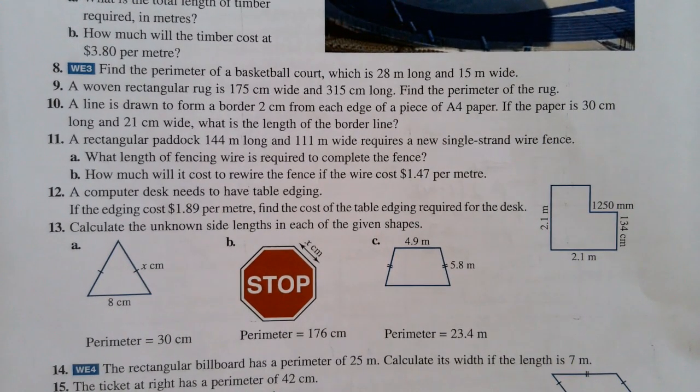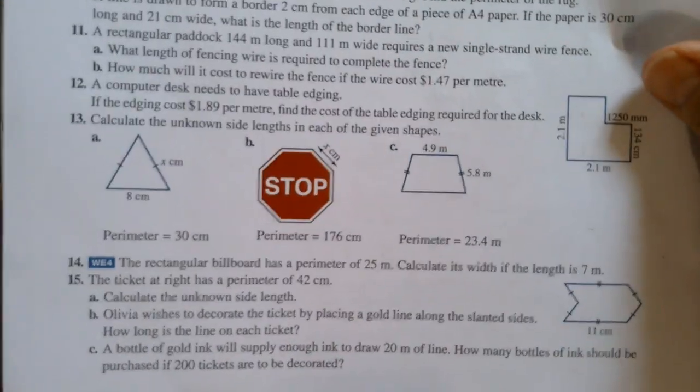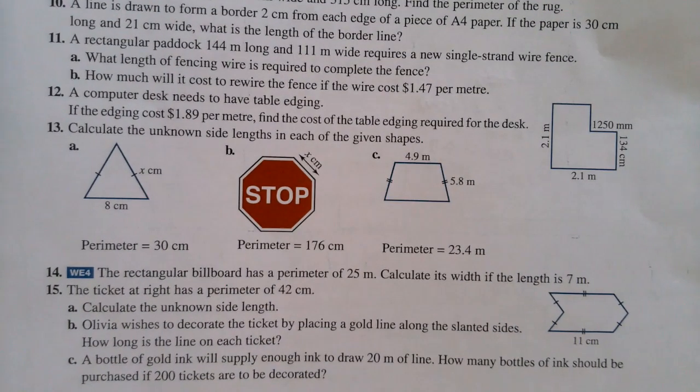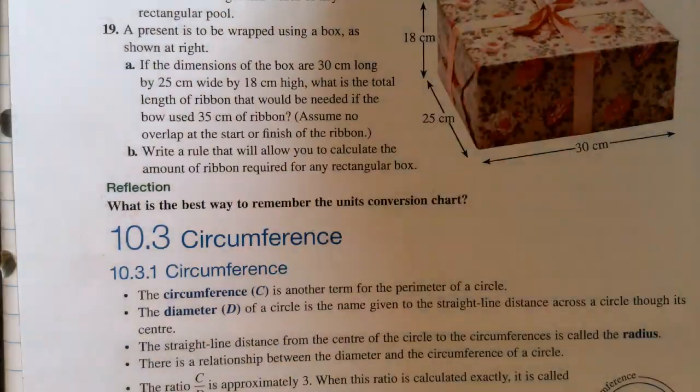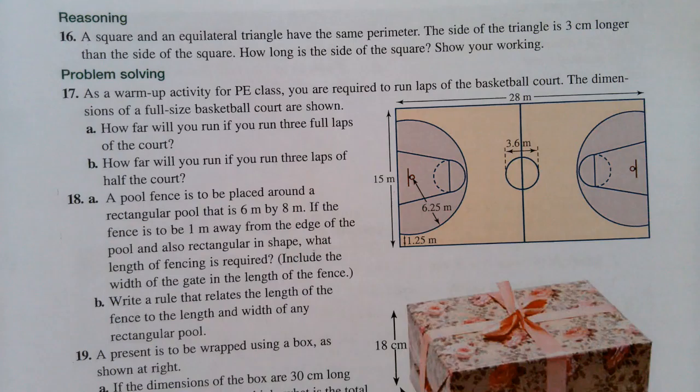There's some more for you to have a go at, to the end of that page. Some reasoning ones, working things out, and some problem solving. These are the types of things you'll see in your A's and B type questions.